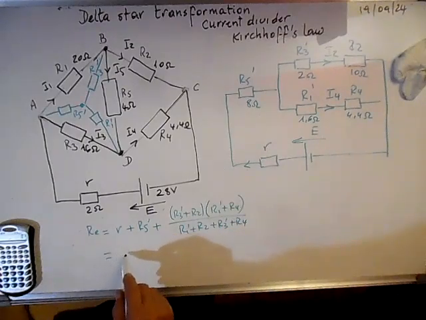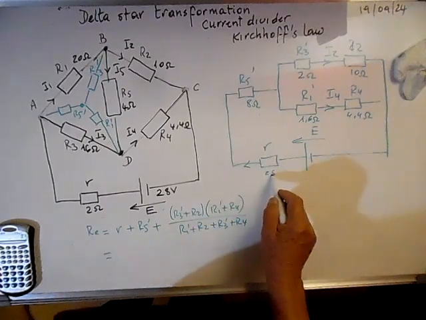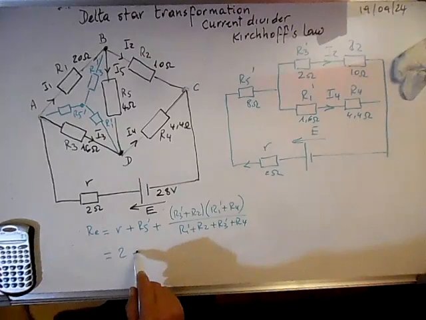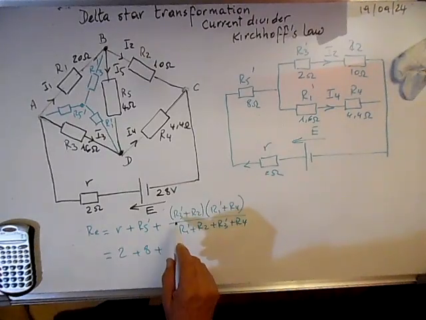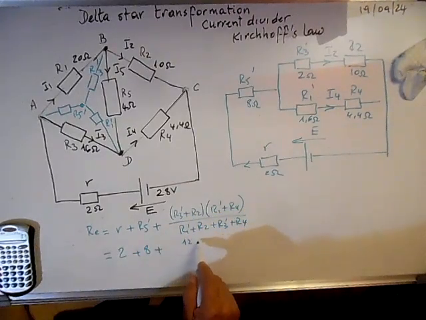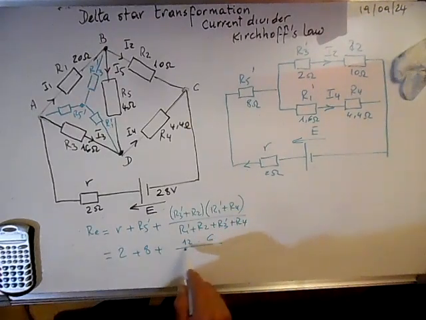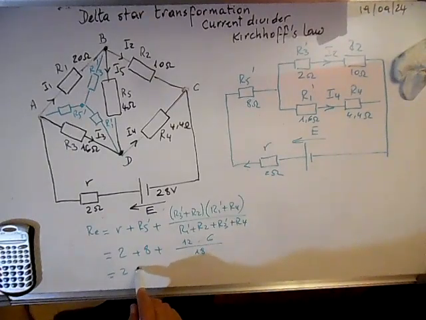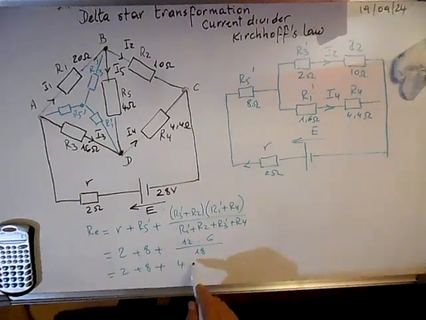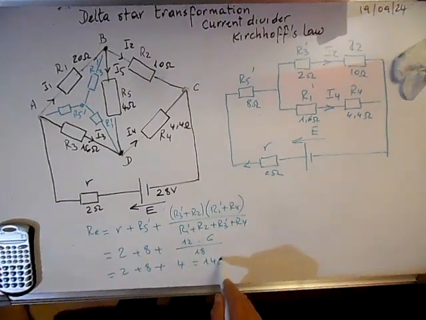So it means we have 2 plus 8 plus 12 times 6 over 18. So it's 2 plus 8 plus 4, so it's 14 ohms.